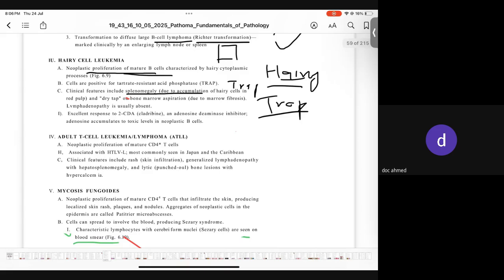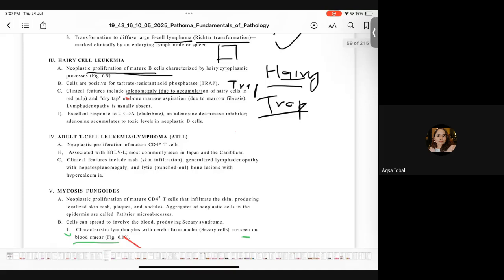Okay, it might make it easier to remember, I guess. Personally, I haven't looked into this tartrate resistant acid phosphatase. I'll look into it, and tomorrow I'll tell you the entire details. A brief detail would be fine.